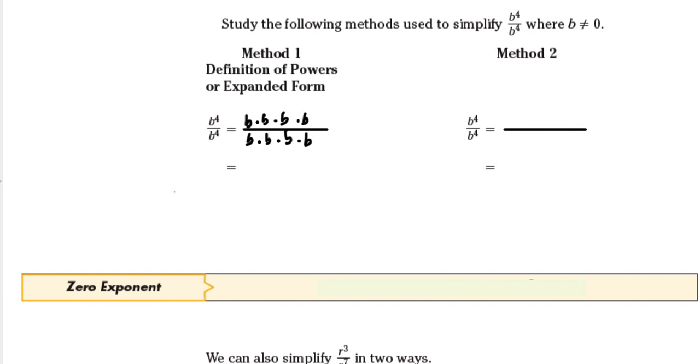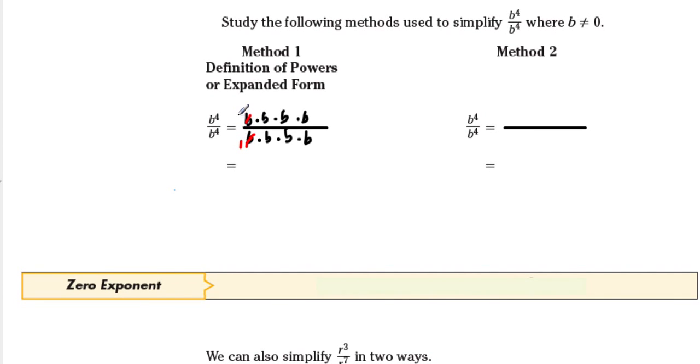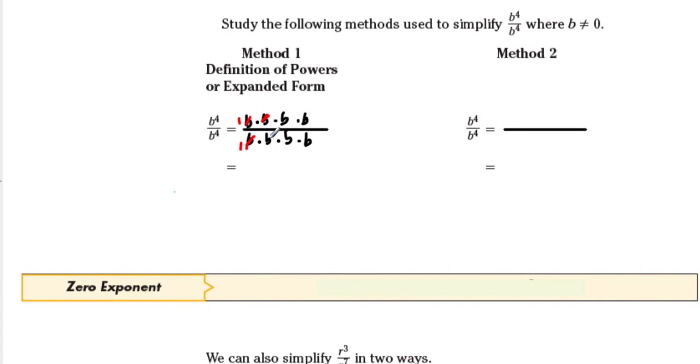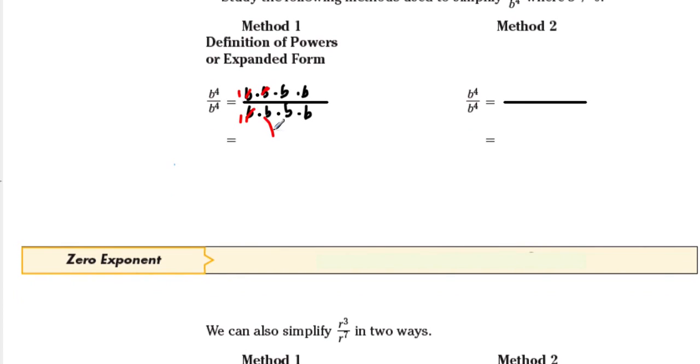And if we start canceling out the b's, this b cancels out, that's a 1, that's a 1, this b cancels out, that's a 1, that's a 1, 1, 1, 1, 1, 1, 1. So they all cancel out, and the answer would be equal to 1.